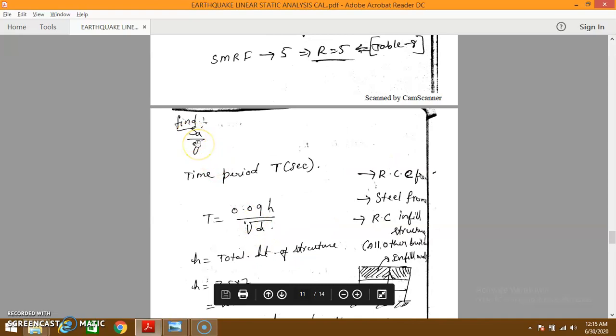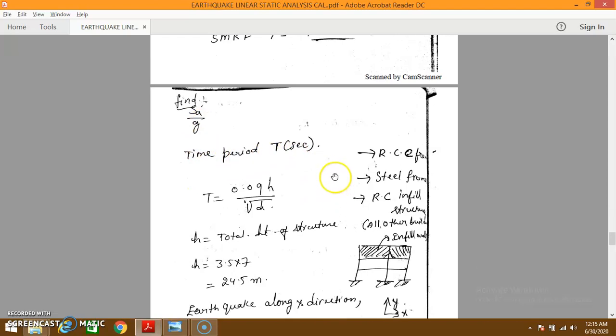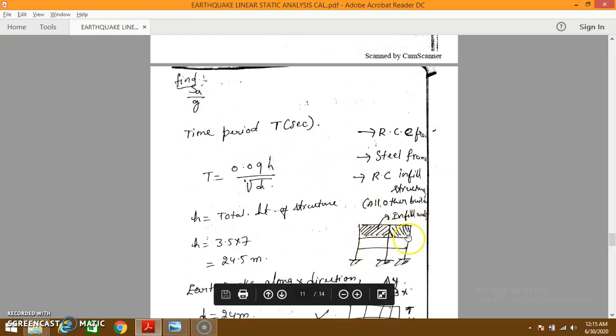Before we find Sa by g, the average spectral acceleration, we calculate the time period. Time period for infill walls. Infill walls means the frame with filled walls.